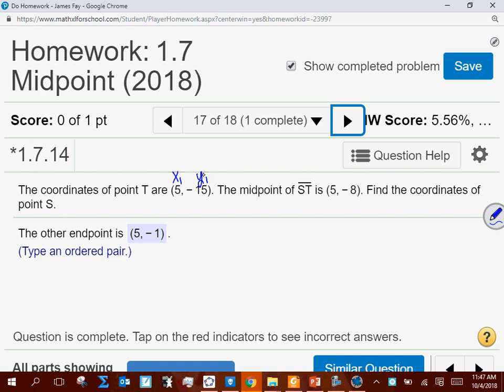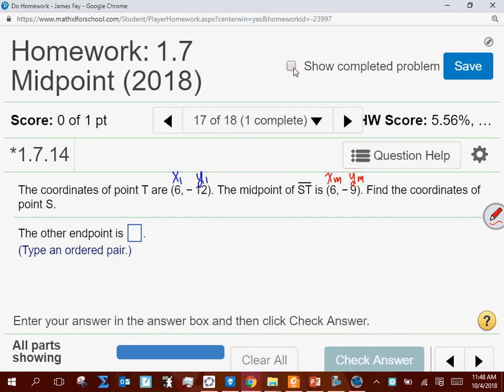This is our midpoint. So I'm going to call that X sub M, Y sub M. And what we would be looking for, let me change it here. So what we're looking for then, guys, is X sub 2 comma Y sub 2.